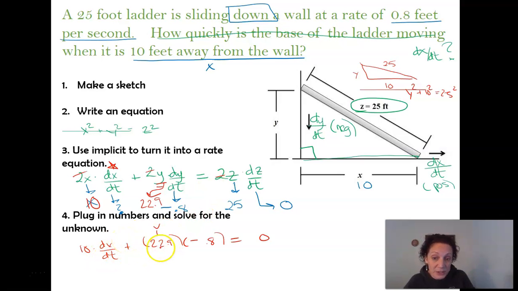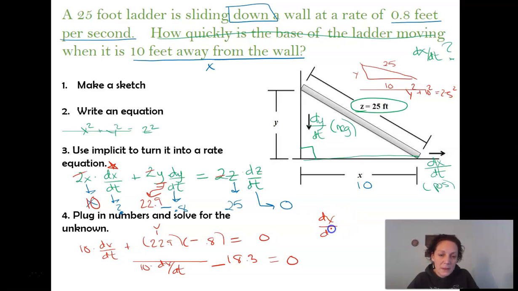I'm going to take that 22.9, multiply it by negative 0.8. I get 10 dx dt minus 18.3, and a bunch of numbers is equal to 0, right?